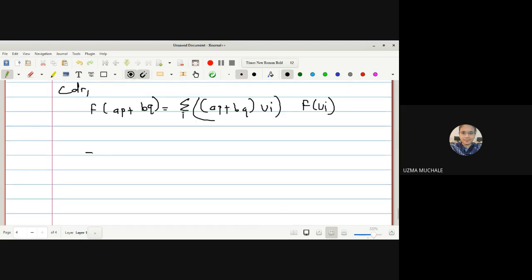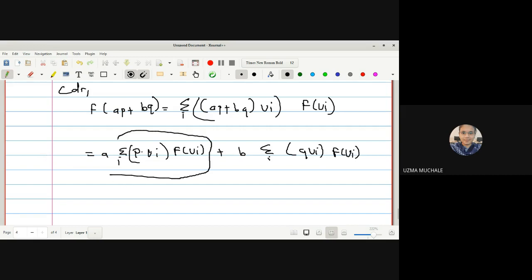Expanding in the sense that if you take A outside, it is independent of the summation. Summation over i of P dot product with Ui times Fui, plus the next term, B outside, summation over i of Q dot product with Ui times Fui. Now what is the value of this term from equation 4?